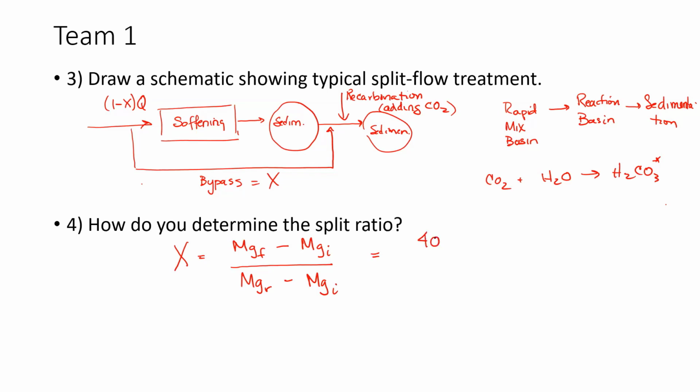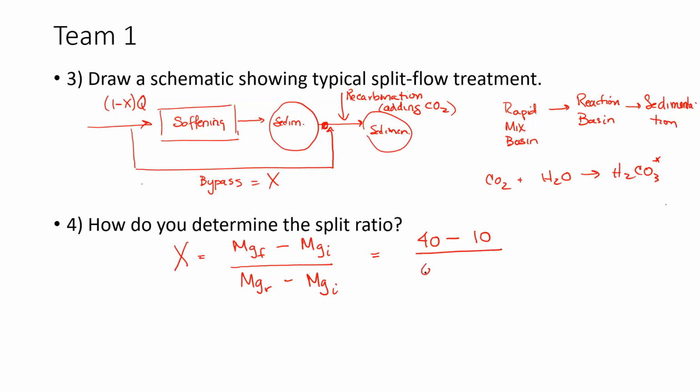We don't want to reduce the magnesium concentration any more than we have to, simply because of the cost. The concentration coming from this unit, at this point right here, would be typically around 10 milligrams per liter. That's our process limitation.